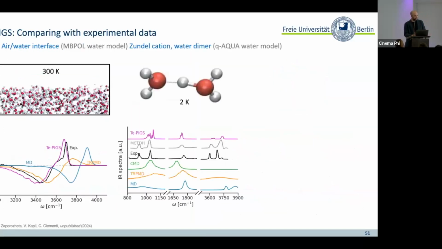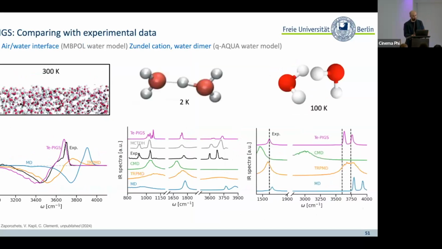Basically, again, the same result if we look at the water-air interface or Zundel cation at very, very low temperature, or water dimer. This method here in particular, this gray MCTDH method, is a solution on the fly of the time-dependent Schrödinger equation.